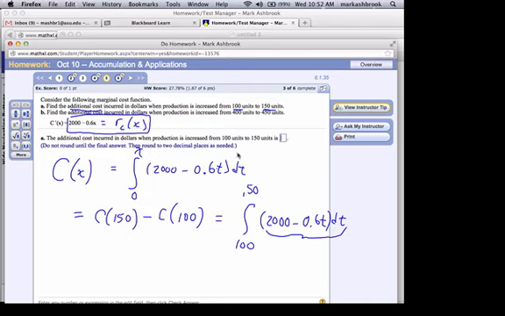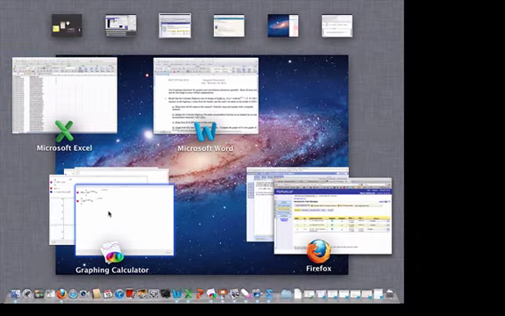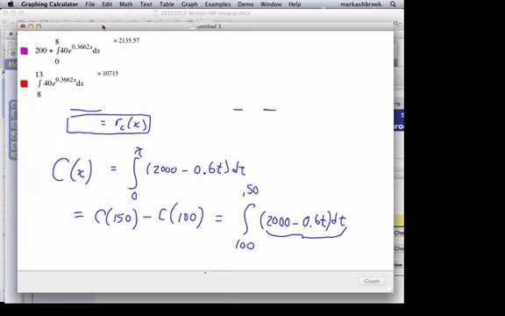So I could build this function in Graphing Calculator and then put a line C150 minus C100, or I can just do that in Graphing Calculator, which is what I'll do the second way. Control I, 100 to 150.